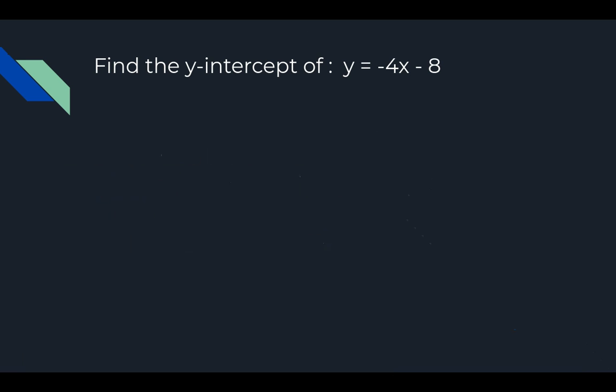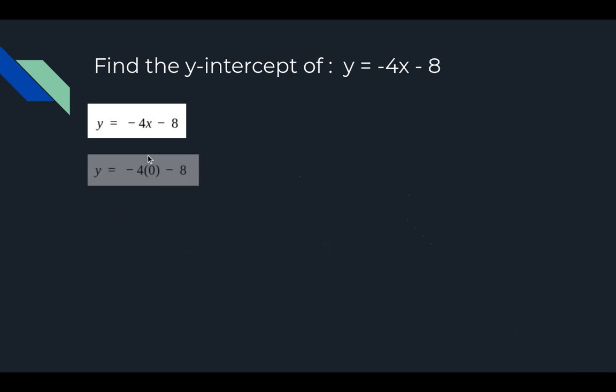Okay, so again, find the y-intercept of y equals negative 4x minus 8. Some of you, I think, are already making a prediction, and that's a good thing. But if we write it out, y equals negative 4x minus 8, we want to set that x value equal to 0. So negative 4 times 0 is going to be 0.